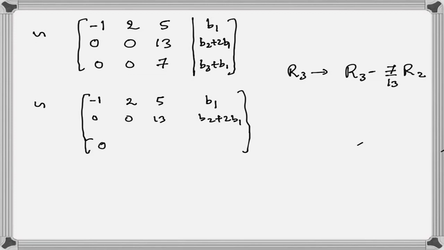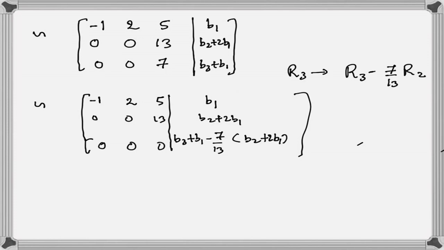Now here 0, 0, 0, and then b3 plus b1 minus 7 by 13 times r2, that is b2 plus 2 times b1.